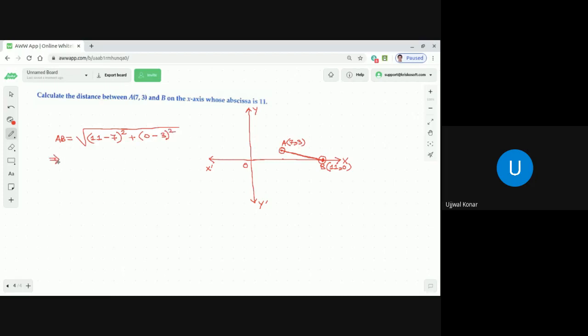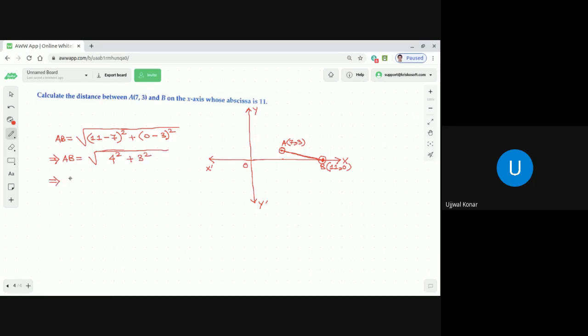So from here, AB is equal to the square root of 11 minus 7, that is 4 square, plus 0 minus 3 whole square, equal to 3 square.